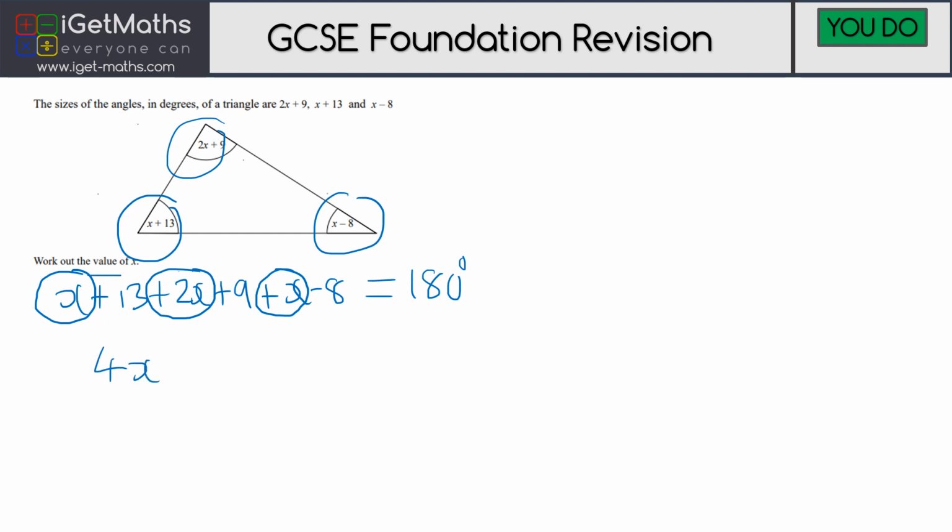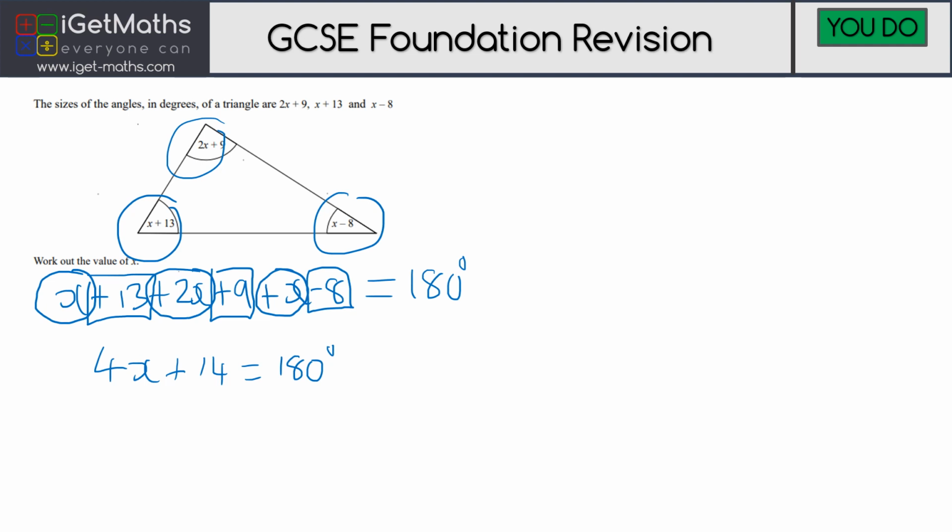And then we're going to rectangle around the numbers with the symbol to the left. So we've got 13 plus 9, and 13 plus 9 equals 22. And then we're going to minus the 8. That will give us 14. So we've got 4x plus 14 is equal to 180 degrees.